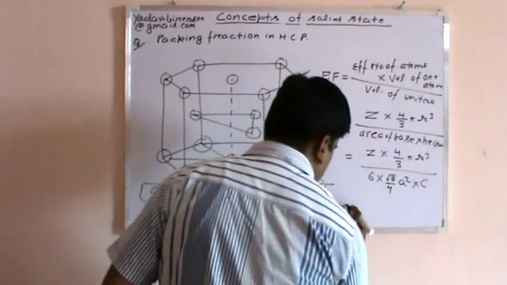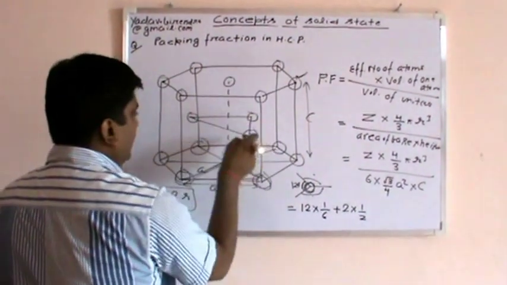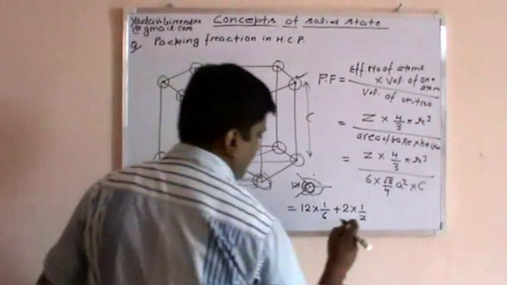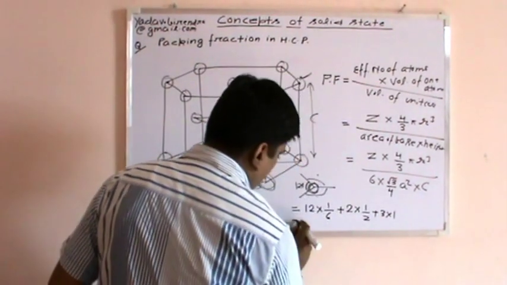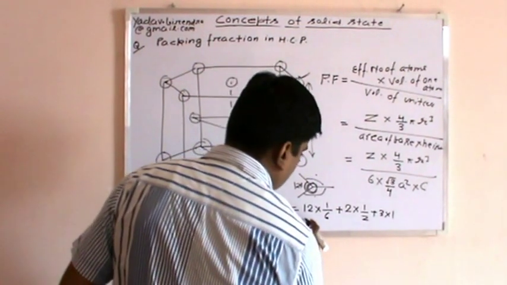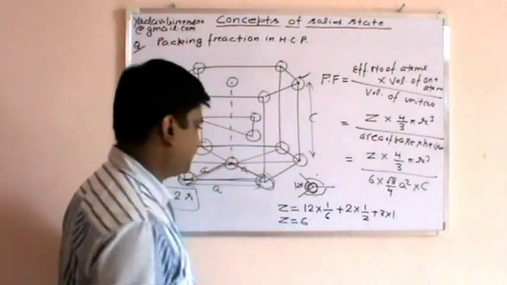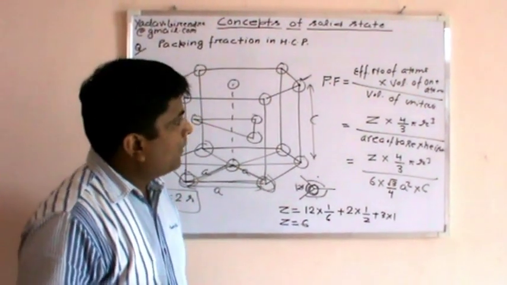So effective number of atoms here is 2 into 1 by 2. These 3 atoms are within this body, that is why the contribution will be 100%, 3 into 1. So by this way, the effective number of atoms is 6. So 6 is the effective number of atoms.